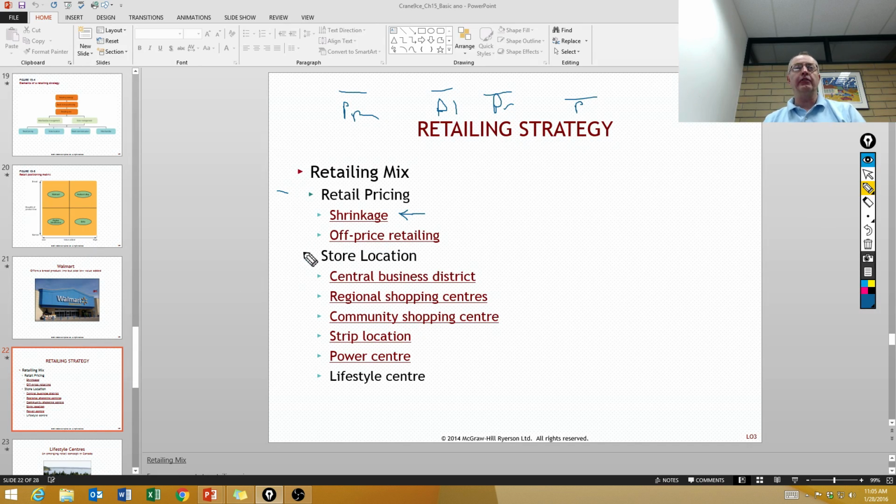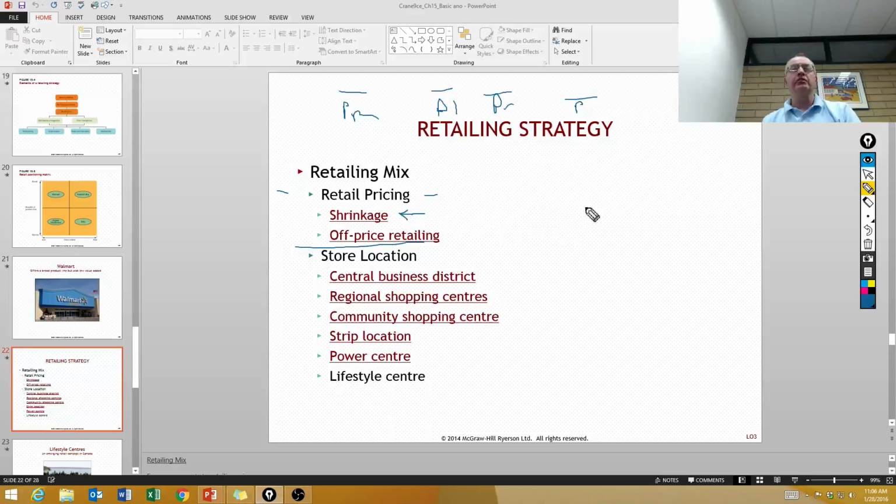So we have different pricing strategies. I'm just getting mixed up by the store location slide. Retailers can use price discounts.